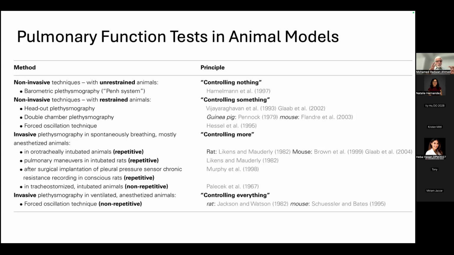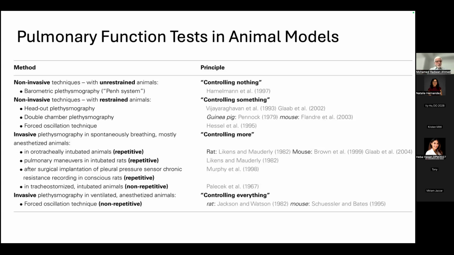The plastic tube measures the change in the volume of the body and gives you a result. Or you force the air, and so this is going to be a little more control. So here we control something. The animal is awake.